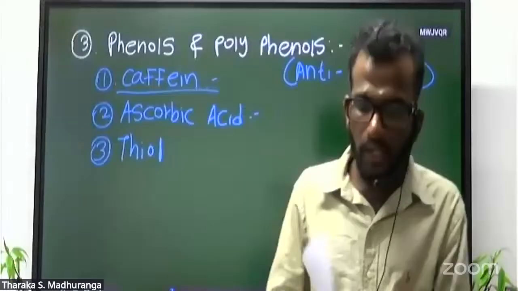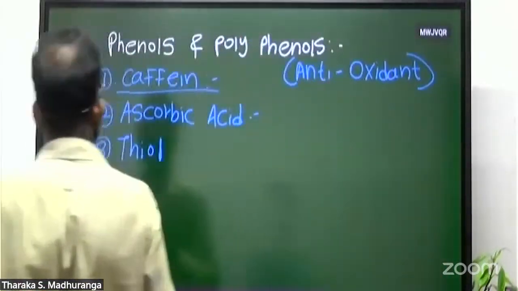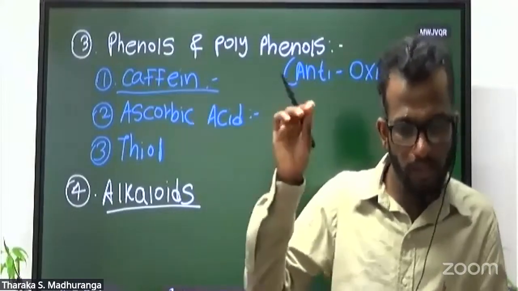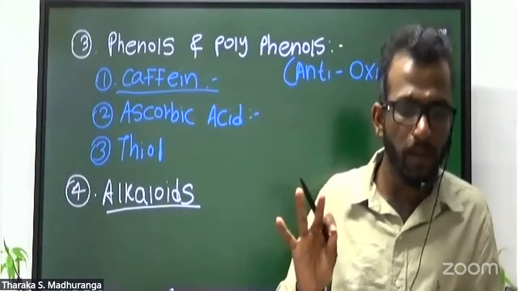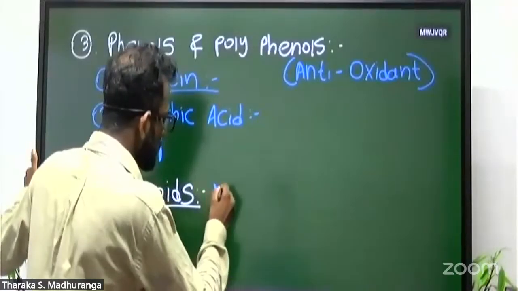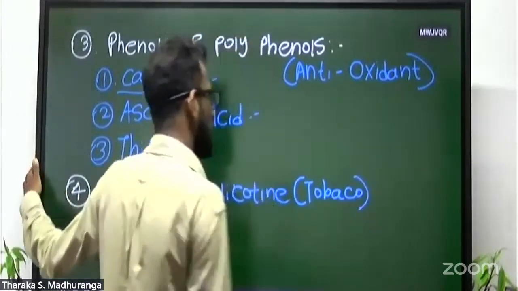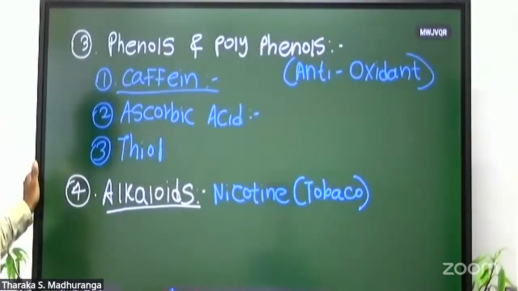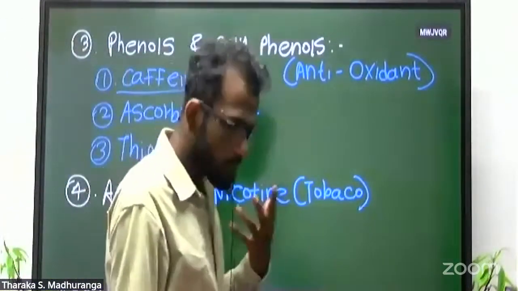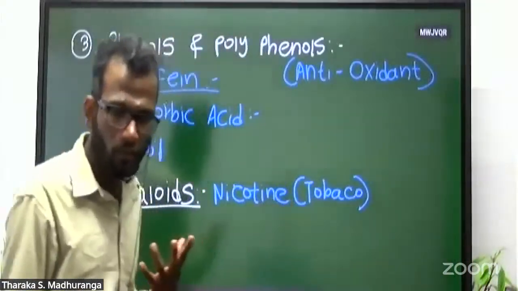Okay, the final one, the very important one, is alkaloids. Not actually characteristics, you can easily remember these alkaloids. Then, they are all drugs. Tobacco leaf, good.